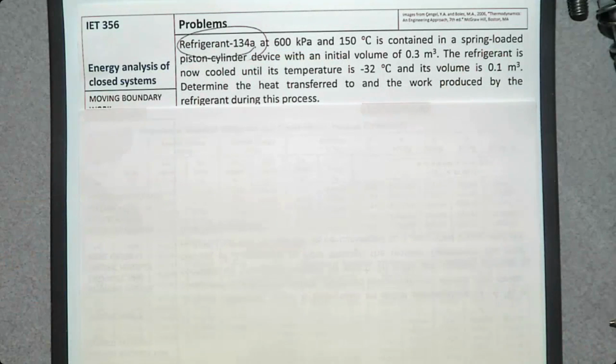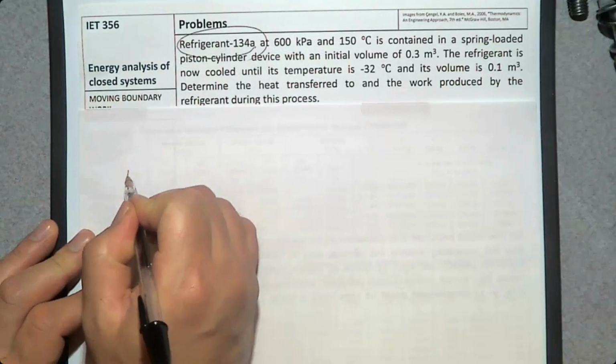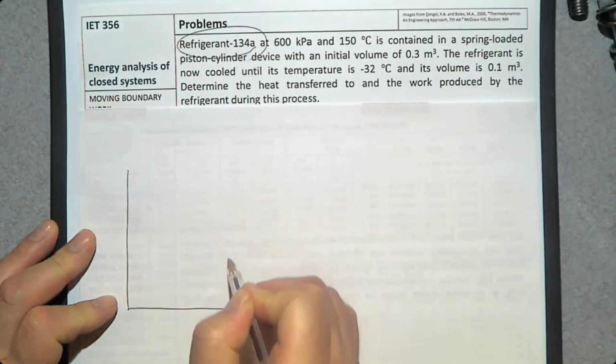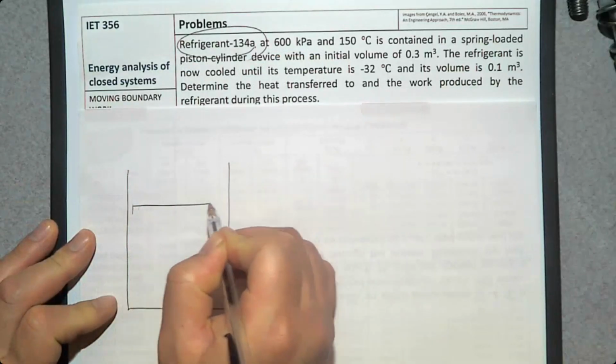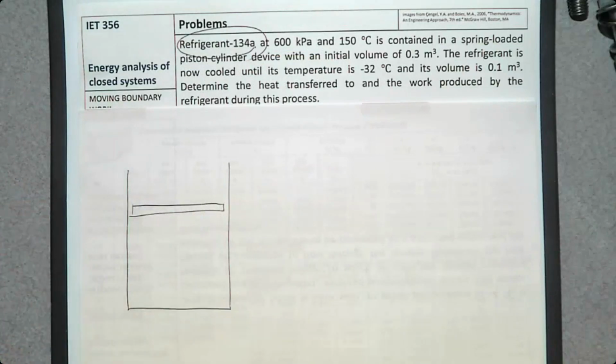So let's talk about this one. Spring-loaded piston cylinder device, meaning that we have a cylinder and we have a piston. Then why do we talk about piston cylinder devices so many times? Are we actually analyzing a piston cylinder device? No, we are analyzing whatever gas is inside. Then why do we keep saying piston and cylinder? Because this is the simplest geometry that can change the volume.